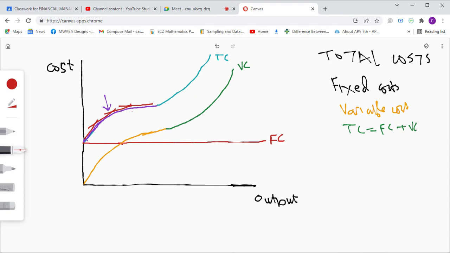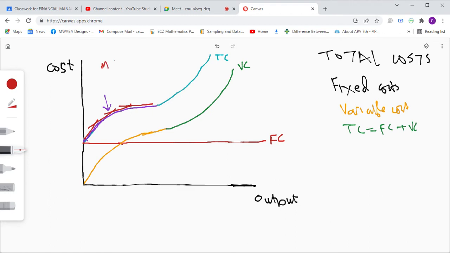All right. So the reason for this is as we hire more workers, we're able to increase our output and we're able to get the benefits of specialization. So the marginal cost here is going to be getting less as we produce more.